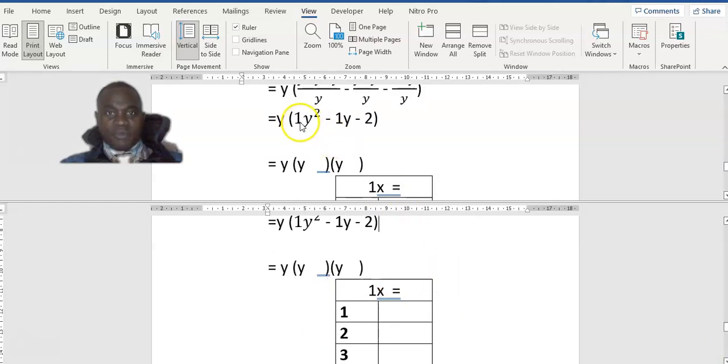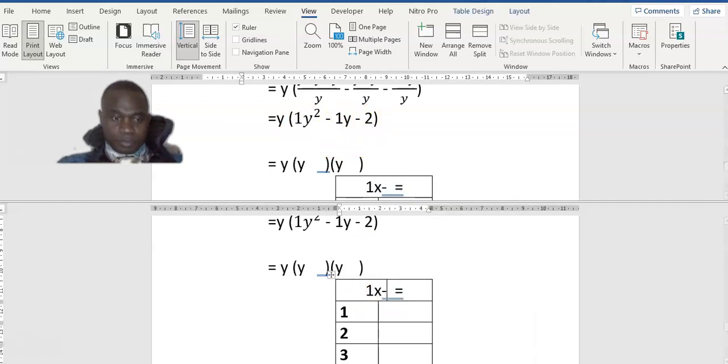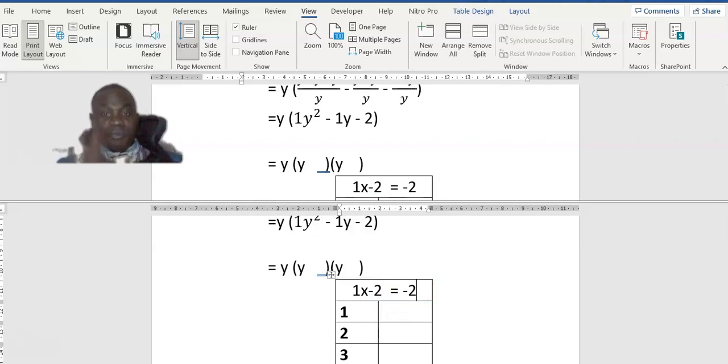The number in front here is 1. So 1 times -2, what would that give you? -2. Our last term is minus, so it means one will be plus and the other will be minus.